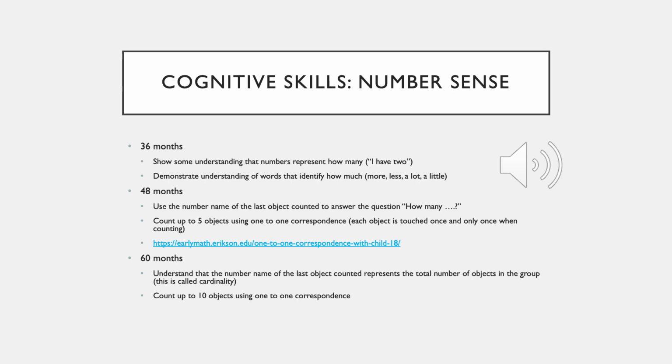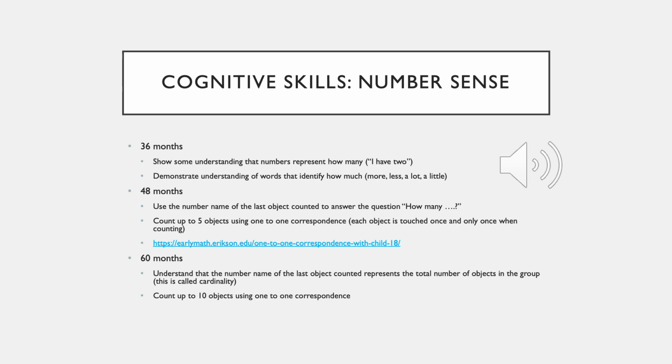And then at around 4 years old, children should be able to understand that the last number that they name in their counting of a set of objects is the answer to the question of how many do you have, or how many is this? If we're looking at something or they're holding something, or I'm asking them to count.